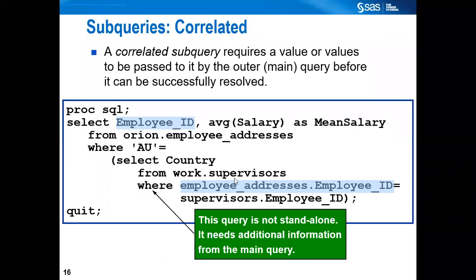All fine? This work.supervisors, is that table already there, or in our work library, or do we have to create it? No, the work library is a temporary library. They have created it, right? Yes. So we'll see how it is created. Either it is maybe a sorted table, or they might have selected only supervisors, because from your employee data you have the job titles called supervisor.